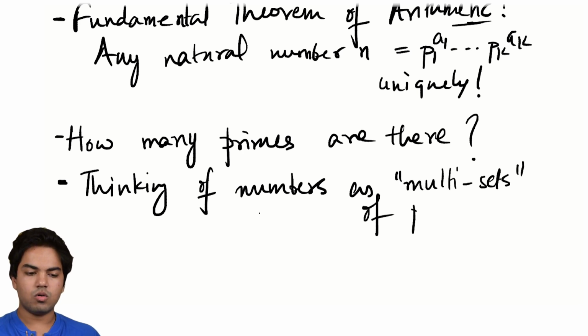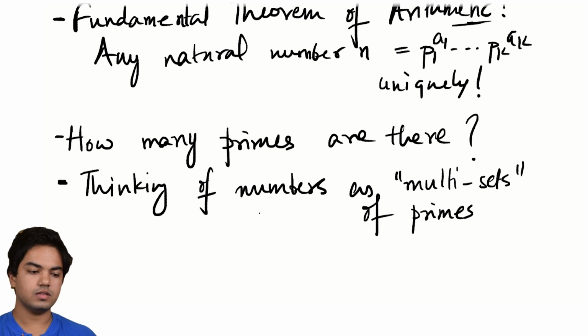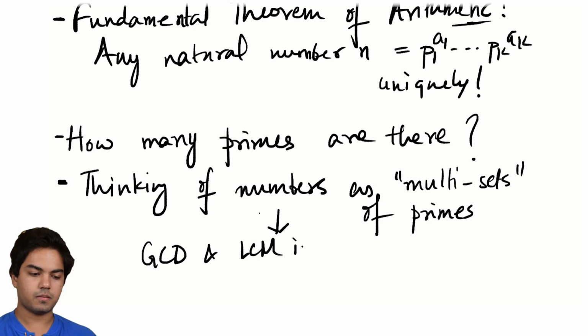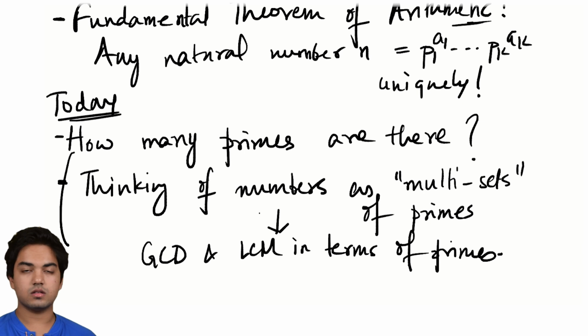This is more than anything a way of doing number theory, a way of thinking about numbers. It's a short section, and we'll see an application of this in how do we think of the GCD and LCM in terms of primes.